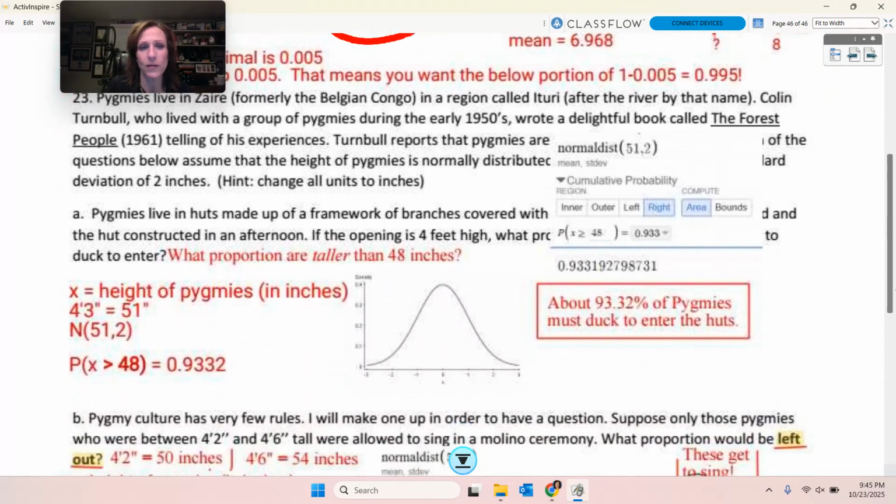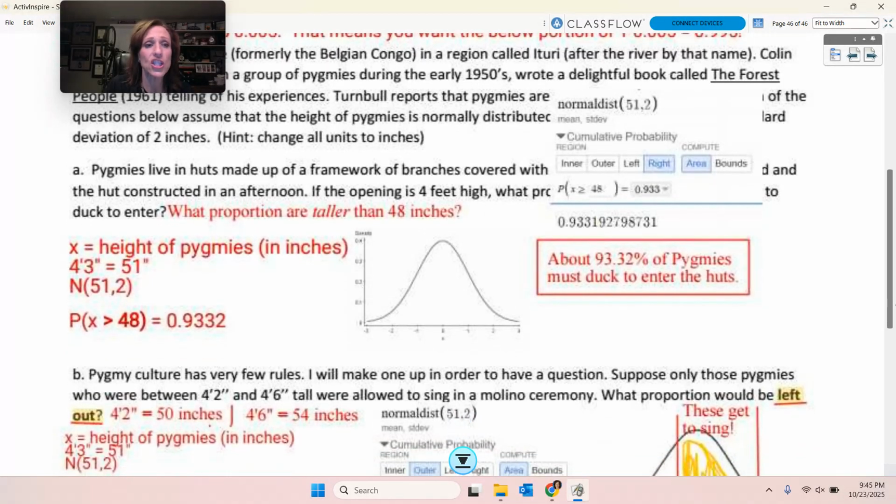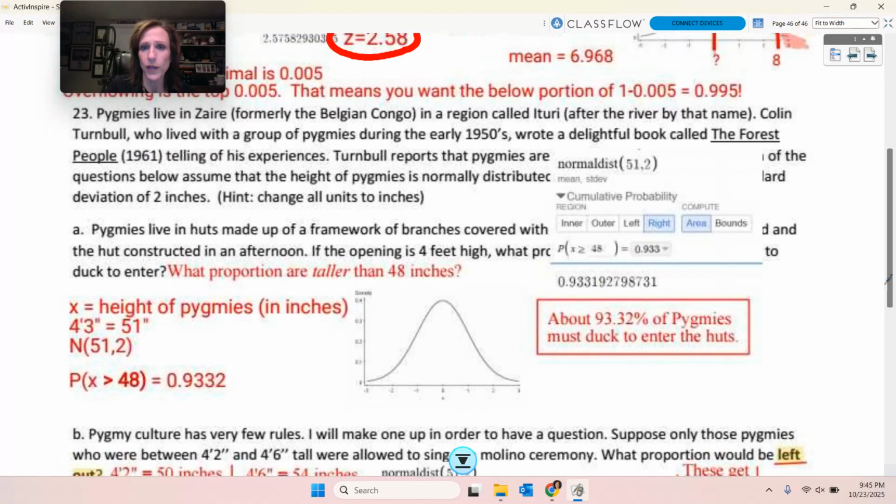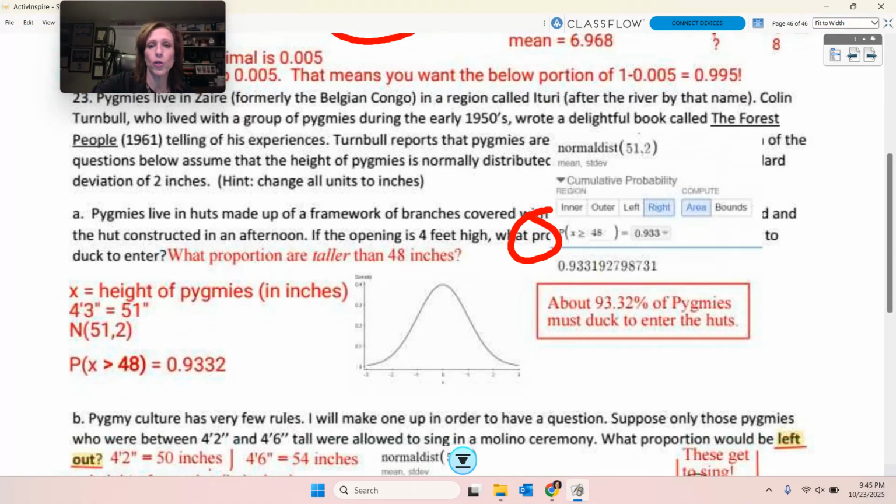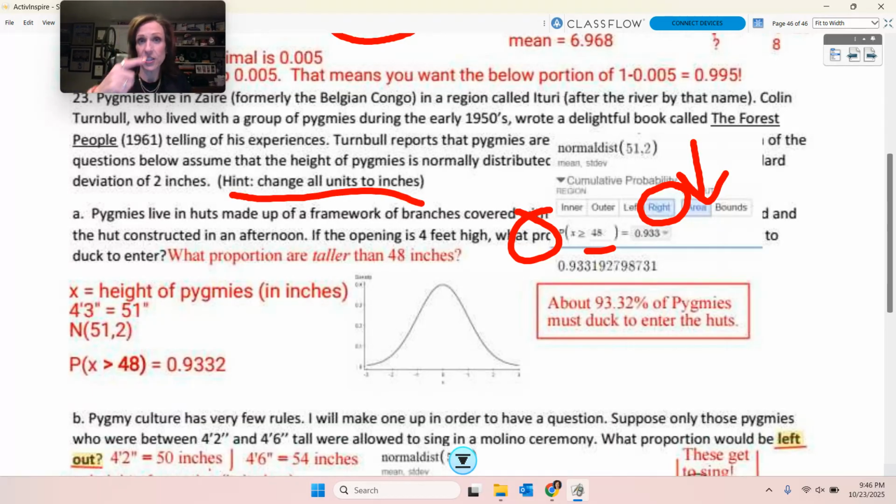All right, this last one is a fun one. Here we are finding the proportion, an area to the right of 48 inches. The tricky part is you had to turn all units into inches, going from feet to inches.